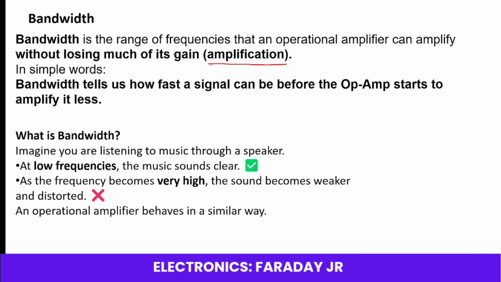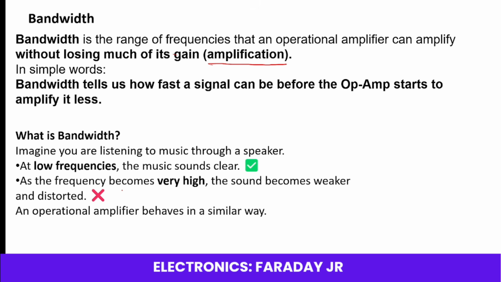At low frequencies, the music sounds very clear, meaning the system can amplify within that range. As the frequency becomes very high, the sound becomes weaker and distorted. As you continue to increase it to a certain level, the system does not behave well.